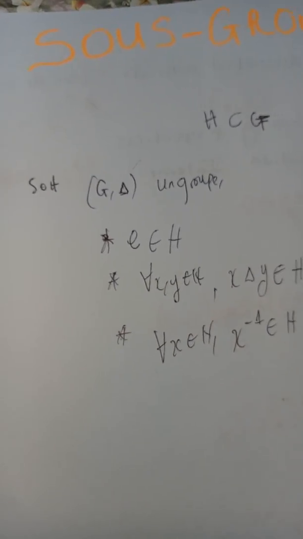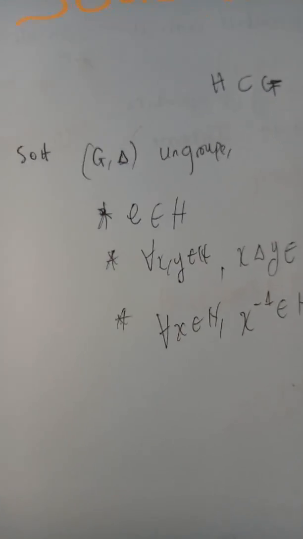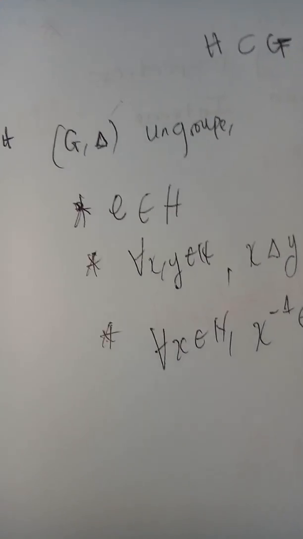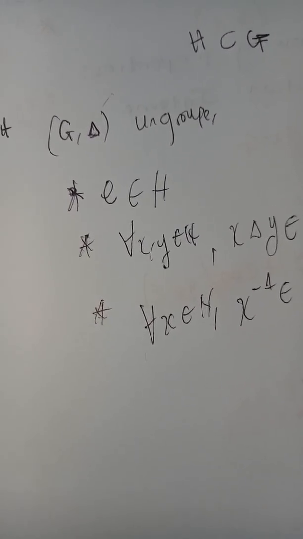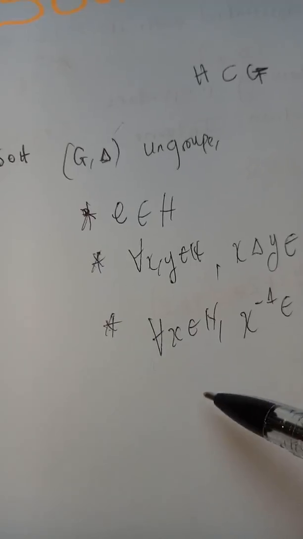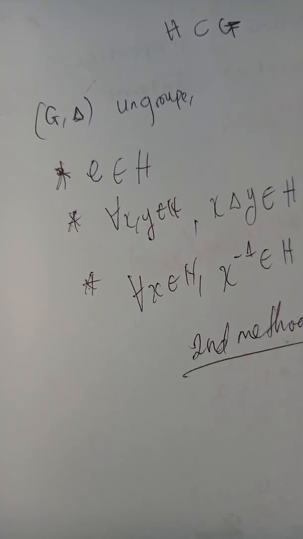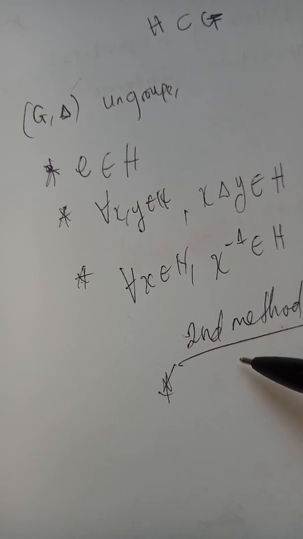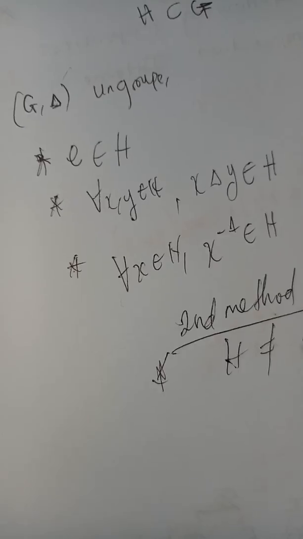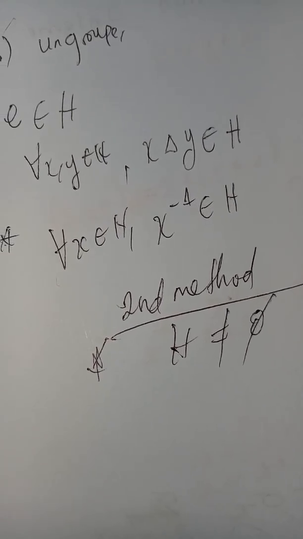Then there are two manners. This is the first one. La deuxième manière, which is actually the faster method, is that if I can prove that H is not an empty set, an empty subset.